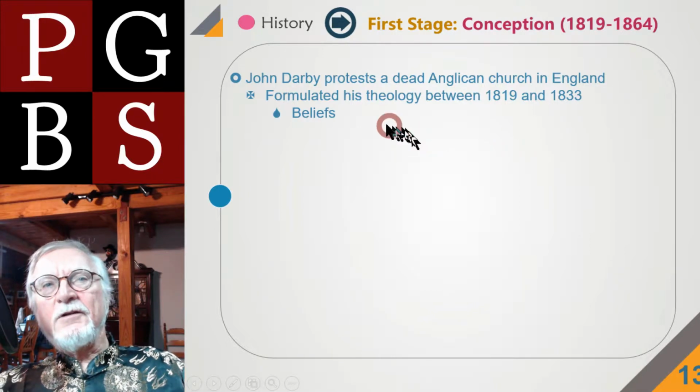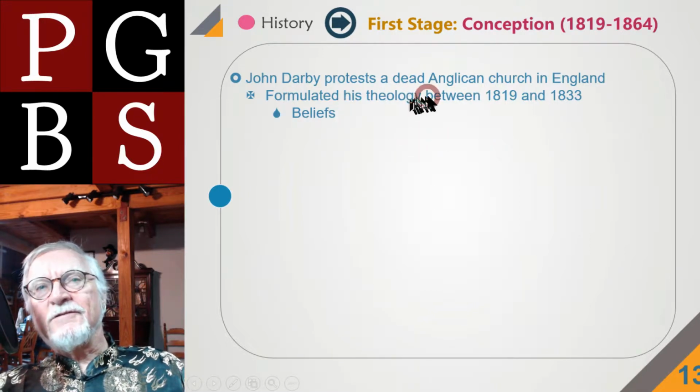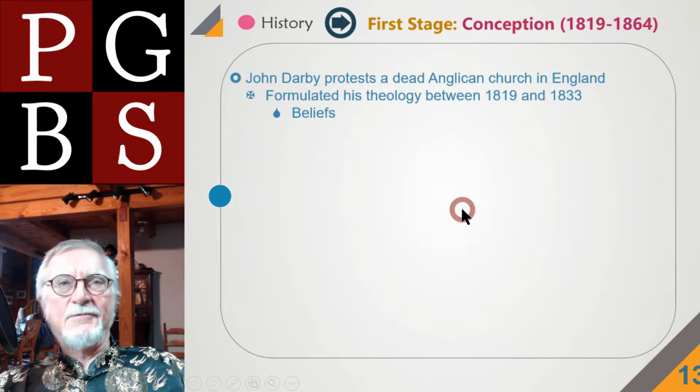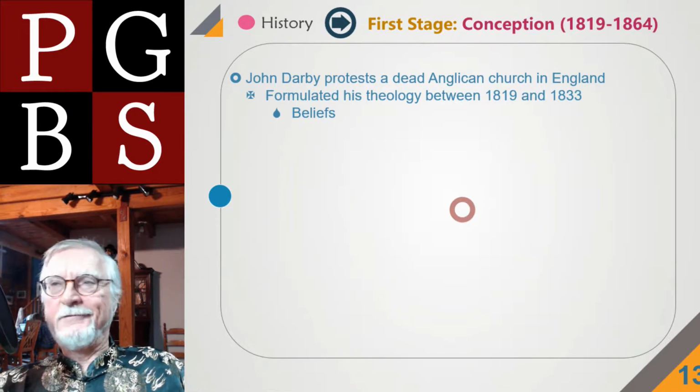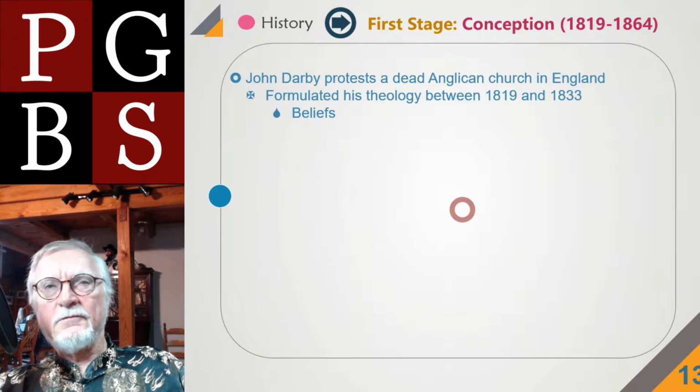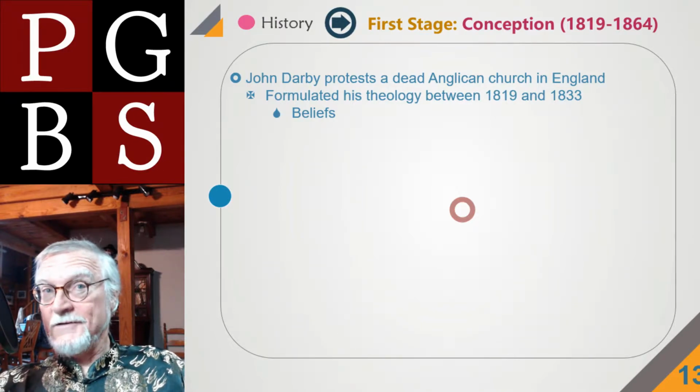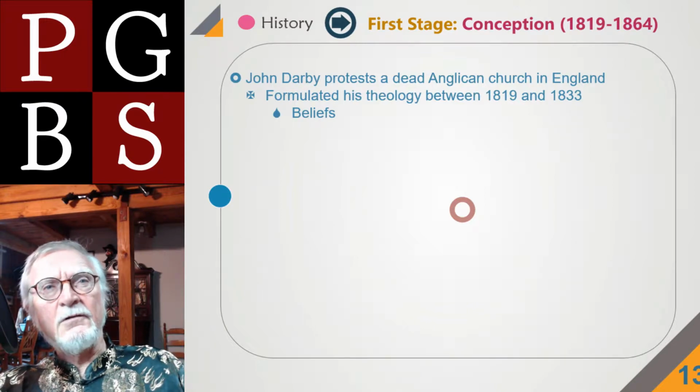All right, John Darby was an Anglican. He protested the dead Anglican Church in England, just like dispensationalists today protest the dead Protestant piles of garbage that the liberal Protestant churches are in America. So dispensationalism tends to have this anti-establishment flair to it, which I identify with because I don't like the established churches either at all.